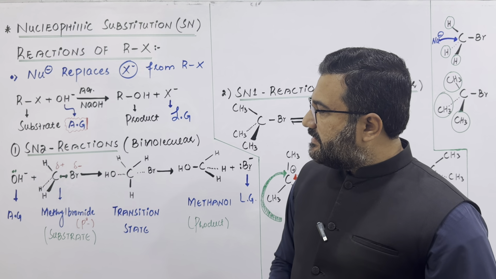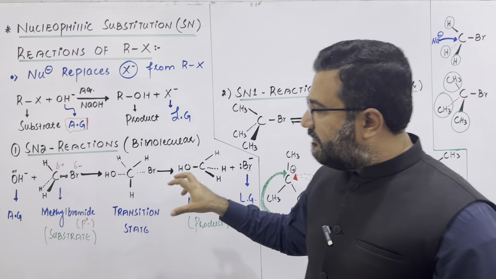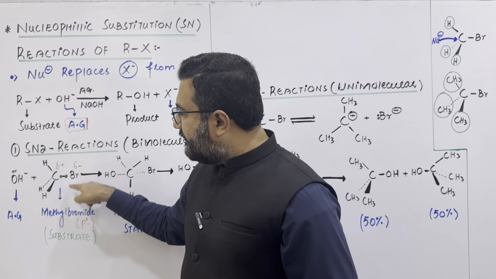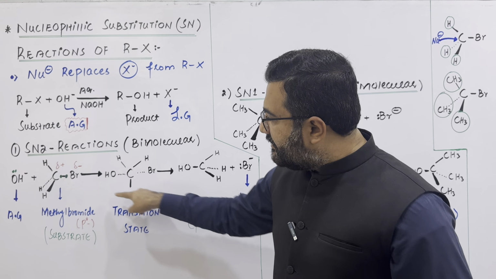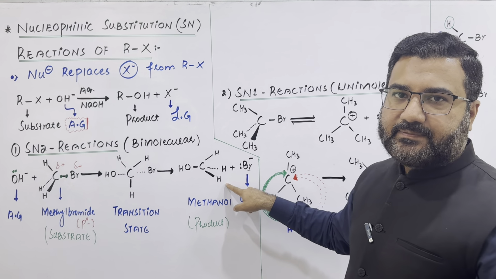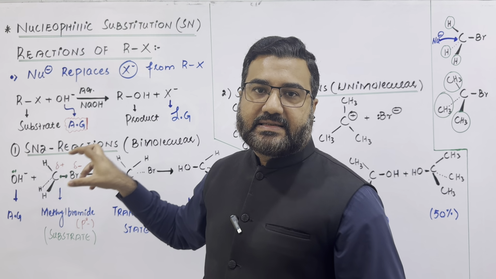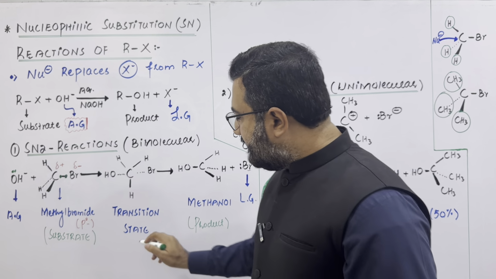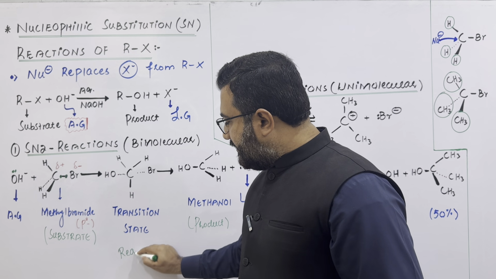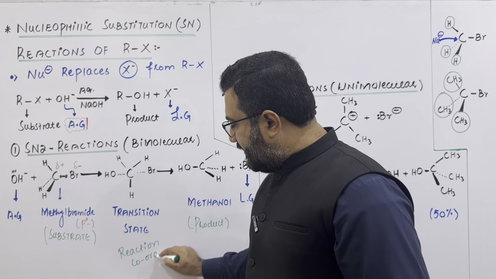My dear students, the SN2 reaction is a single step reaction in which the reactants are first changed into a transition state, and then the transition state is changed to the products. These three are called the reaction coordinates.